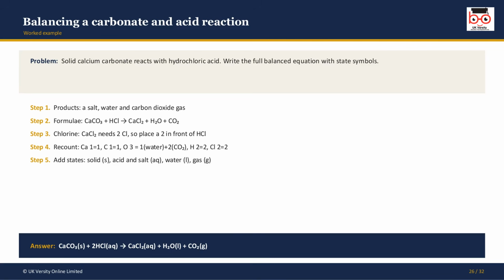Recount: 1 calcium, 1 carbon, the 3 oxygens split as 1 in the water and 2 in the carbon dioxide, 2 hydrogens and 2 chlorines, all balanced. Add the states, solid, aqueous for acid and salt, liquid for water and gas, and you get CaCO3(s) + 2HCl(aq) goes to CaCl2(aq) + H2O(l) + CO2(g).